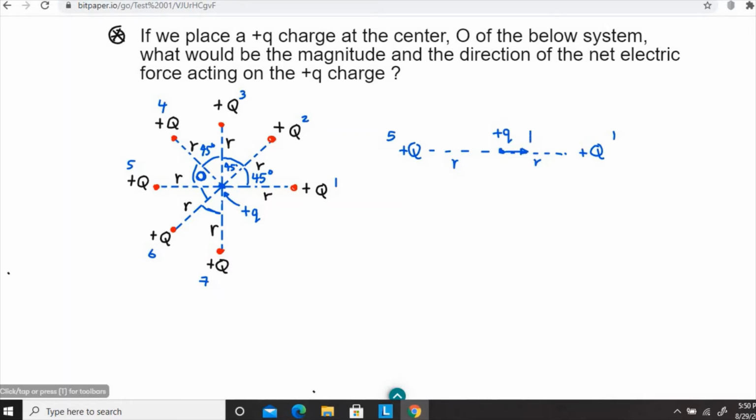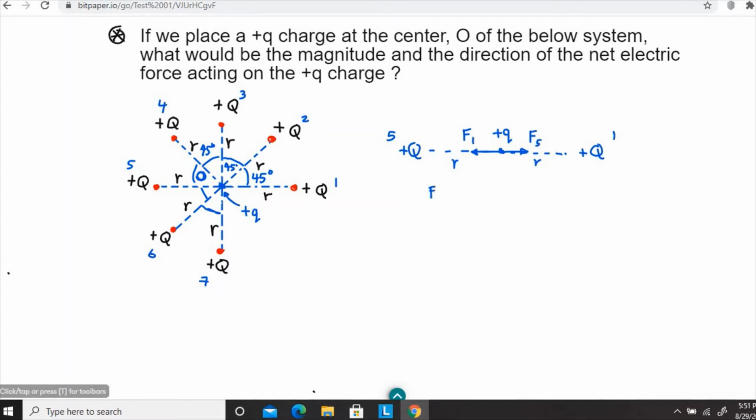So let me call that F5. And then the charge labeled 1 is also going to exert a repulsive force on the plus Q charge. And let me call it F1. You can see F1 and F5 are equal in magnitude, right?